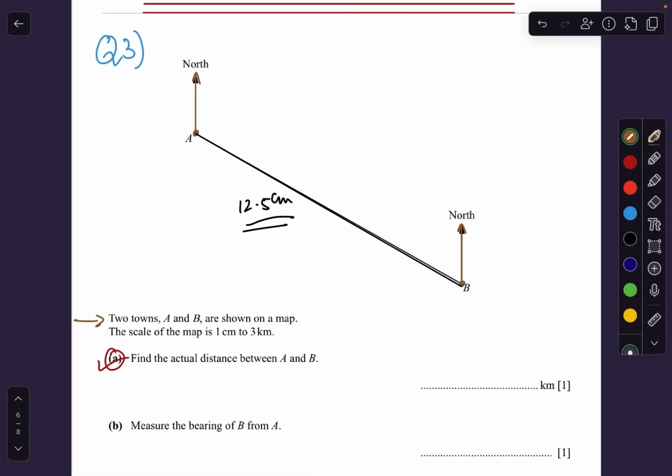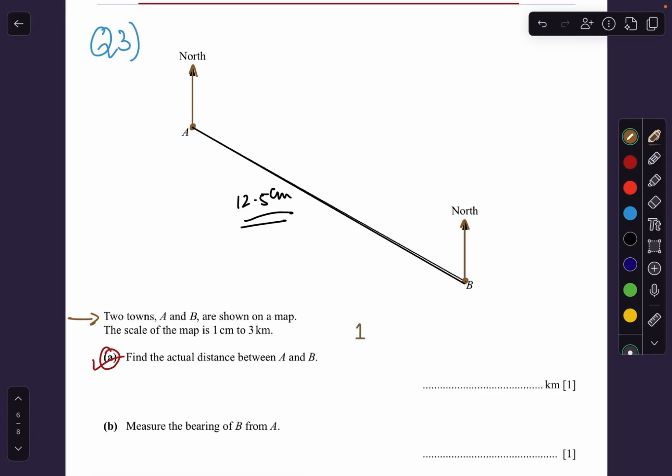So now, finding the actual distance, we know it's 12.5 centimeters. There's a very easy technique. We know 1 centimeter is equal to 3 kilometers. And what are we finding out? We are finding the actual distance, x kilometers, for 12.5.